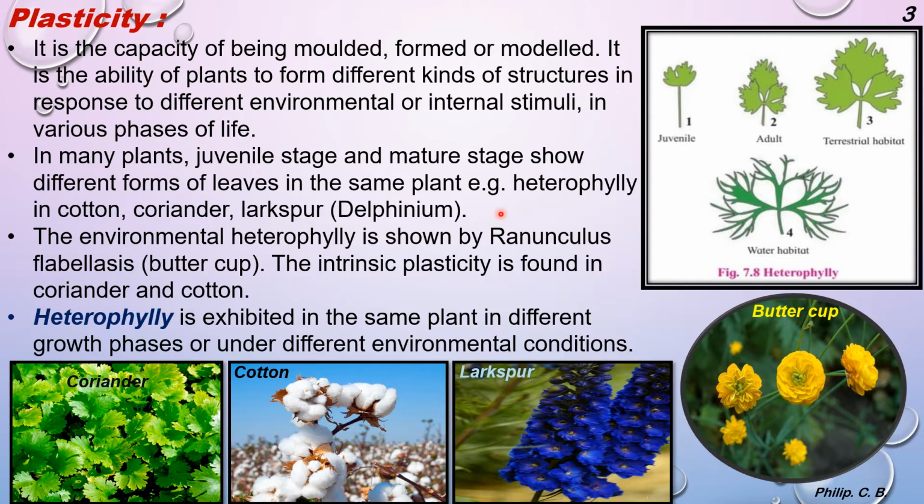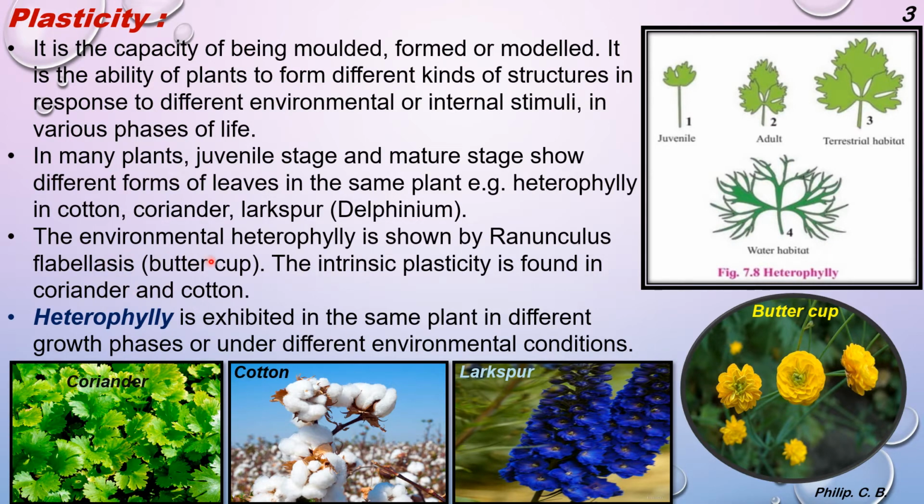Now, in certain species, the initial stage itself is different, or the morphological structure of the leaf is different, once it matures into a fully grown plant with fruits, flowers, etc. So in both the stages, the leaves are different, as in the example given of cotton, coriander or larkspur. Also, the images of these species are given: coriander, which all of you know, cotton, larkspur.